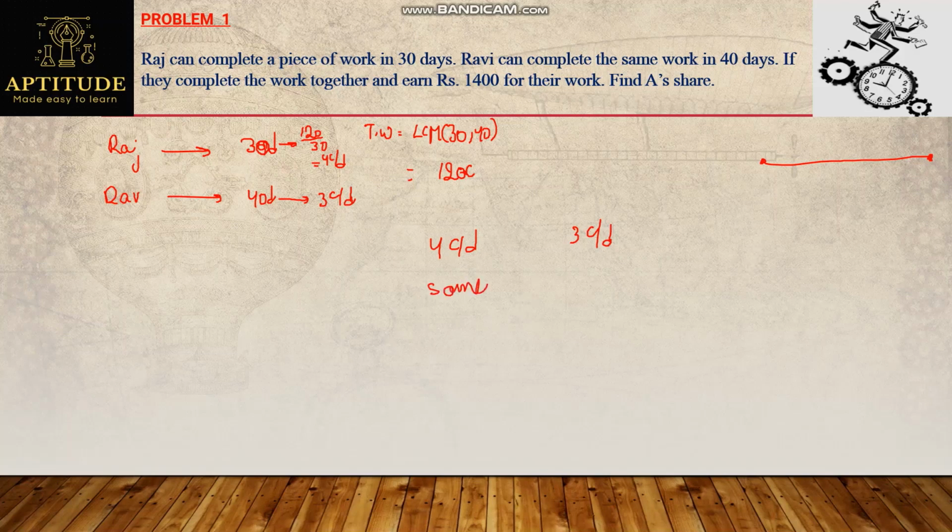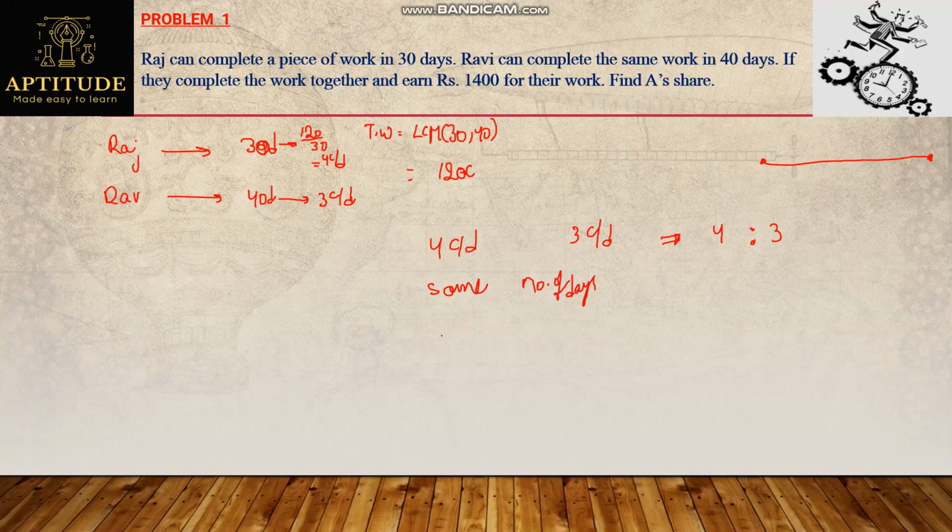Whatever may be the number of days, I can say for sure they worked for the same number of days. As they work for the same number of days, how can they divide salary? Yes, it comes under category 2. So simply I can say it is the efficiency ratio. So in the 4:3 ratio they will divide their salary, which means A will get 4 parts and B will get 3 parts.